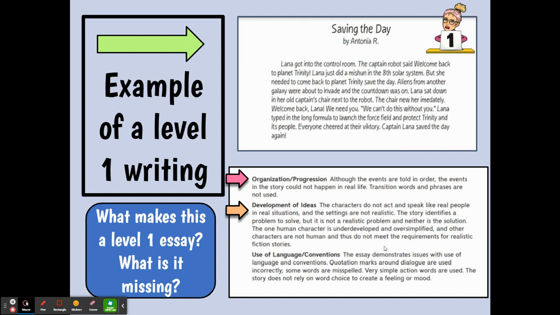Like, we don't know a lot about them. There's no detail. It's kind of hard to really understand and enjoy the story when you don't really know a lot about the character. And then lastly, the essay has a lot of issues grammatically. Quotation marks are missing, capital letters are missing, and punctuation. So that is why there is level 1 for this example.